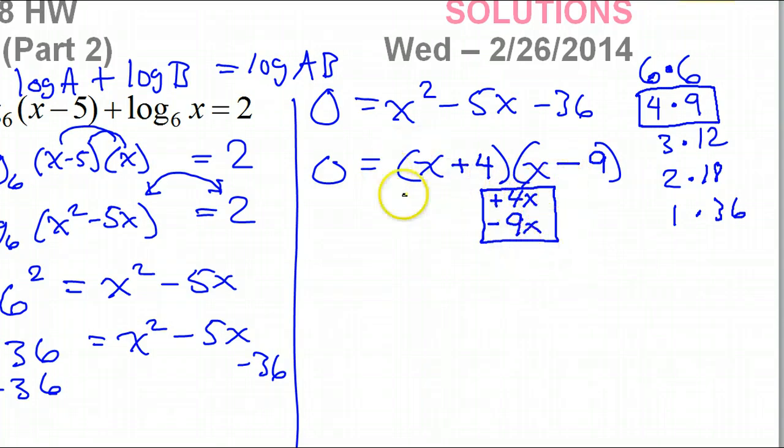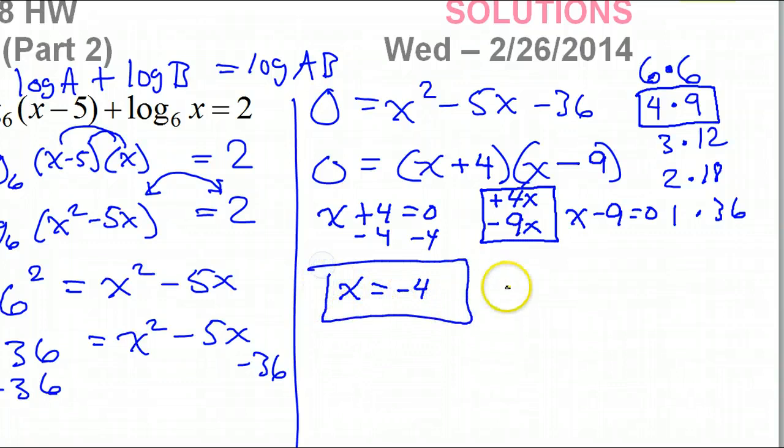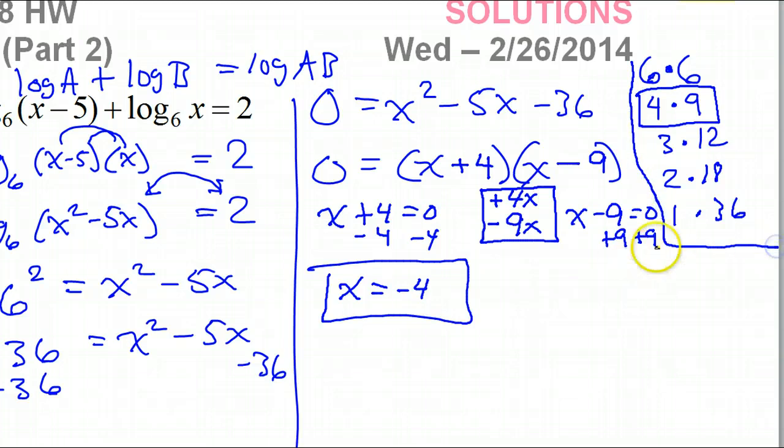Of course, we have to keep going and find out what x is by setting each of these factors equal to 0. Alright, subtract the 4, you get x equals negative 4. Add 9. Okay, so gotta keep this separate. Add 9, and that's going to give me x equals 9.